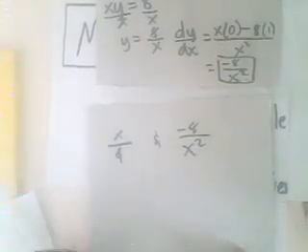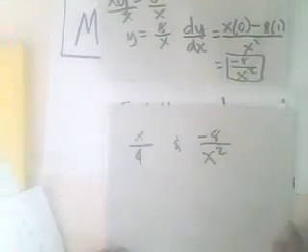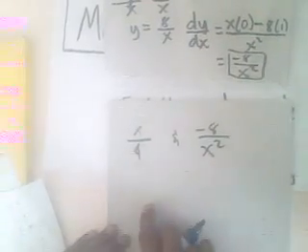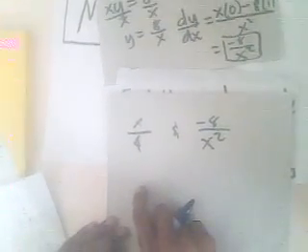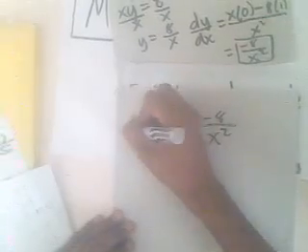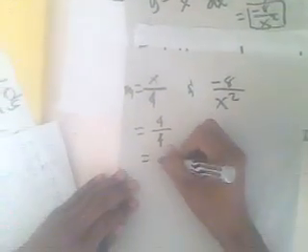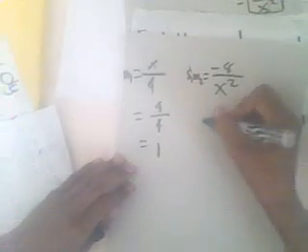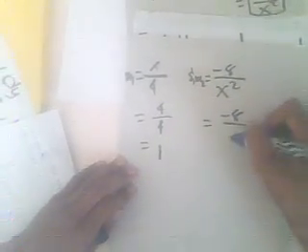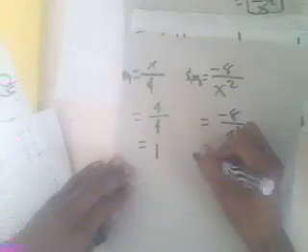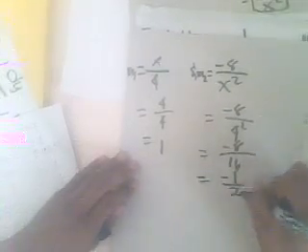In our previous discussion, we found that x equals 4, so we plug it in. For our first slope, plug in x: 4 divided by 4 is equal to 1. For our second slope, negative 8 over x squared, plug in x equals 4: 4 squared is 16, so we get negative 1/2.